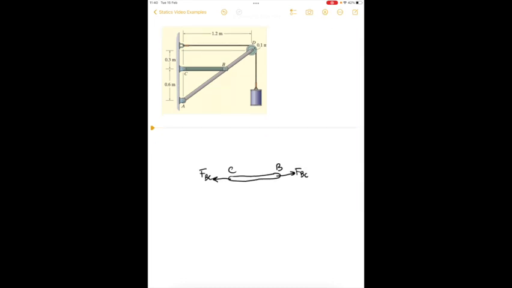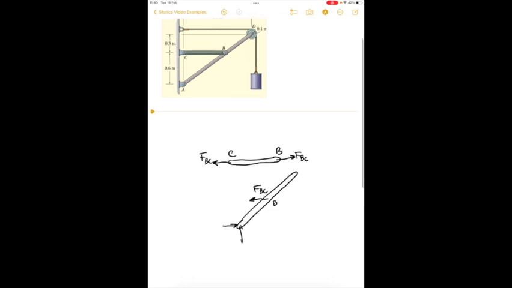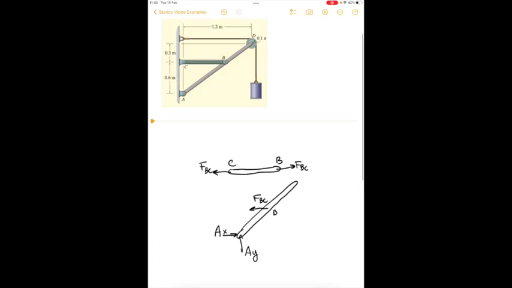We also have member ABD, and so the equal and opposite force of BC is pulling there at point B. And we have the reaction at pin A, so it has both a Y and an X component. And we also have the reaction at pulley D.